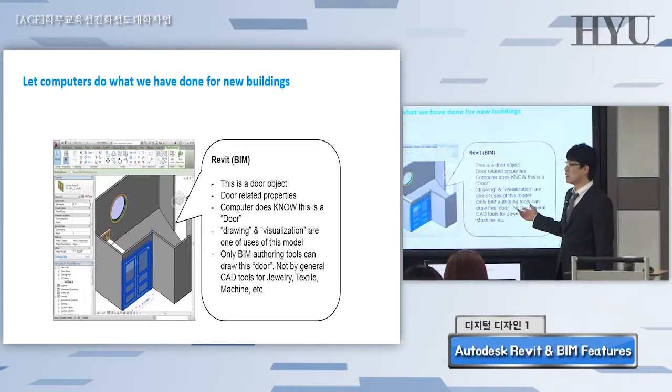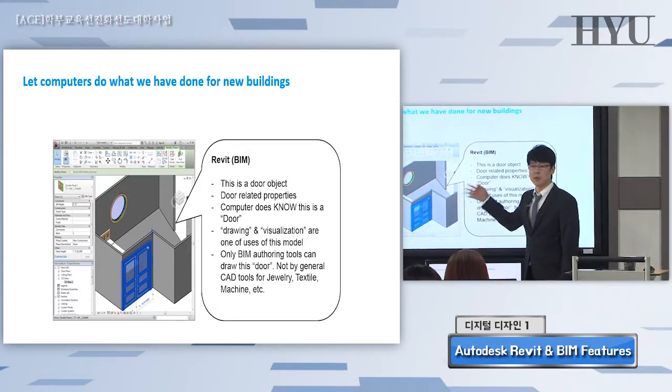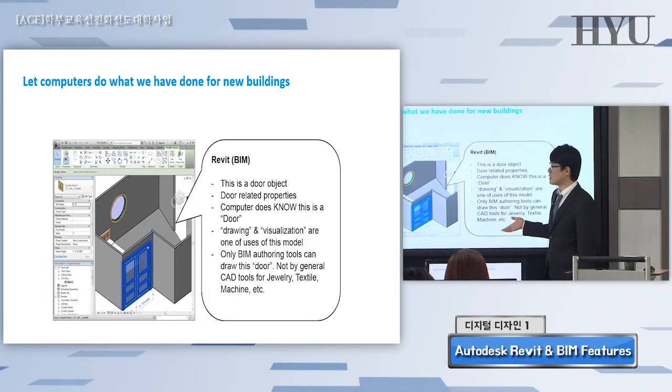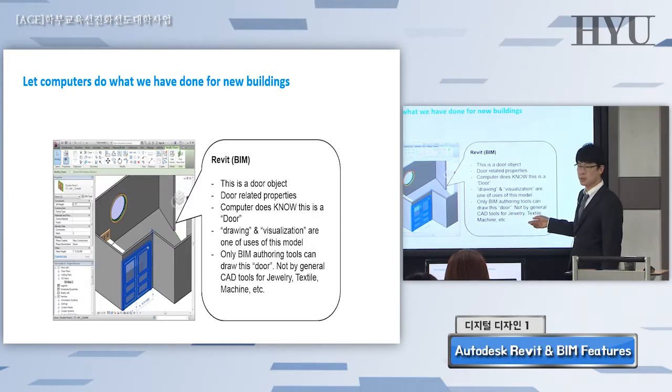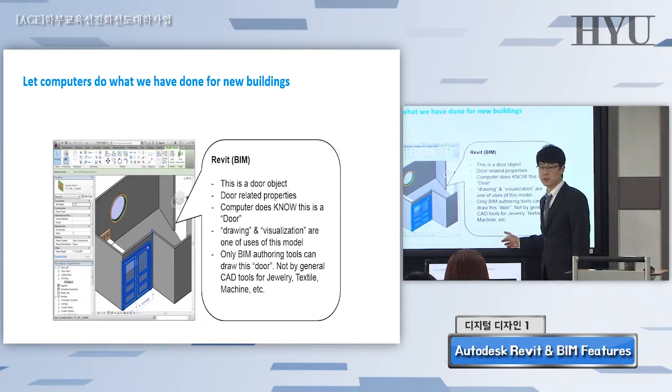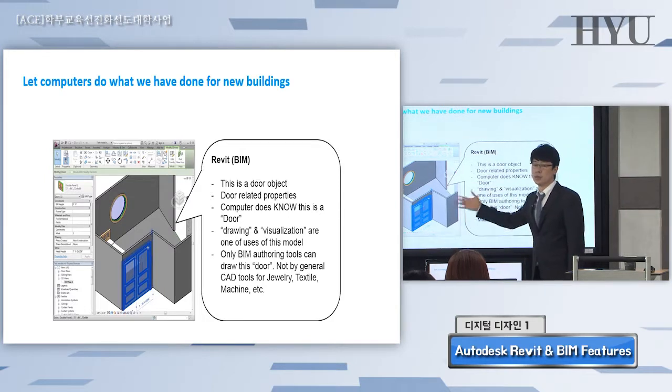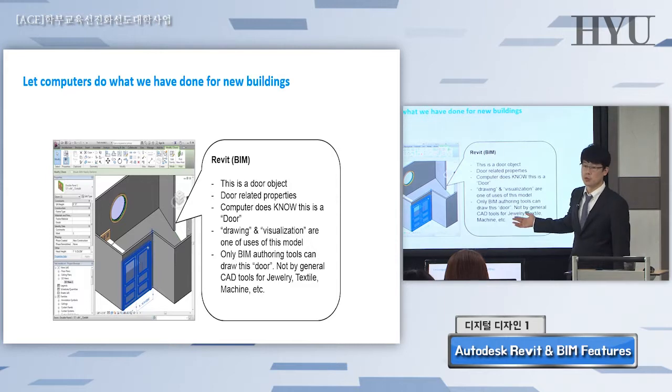And another thing, this kind of Revit BIM tool is only for building design, okay? 3D Max, SketchUp, Rhino, they can design jewelry, textiles, machines, cell phones, desks, monitors, any type of furniture. But when you are using this kind of building information modeling tool, there are no such features, okay?